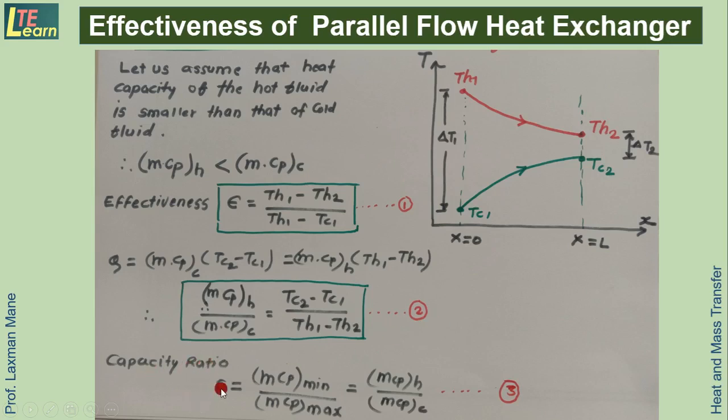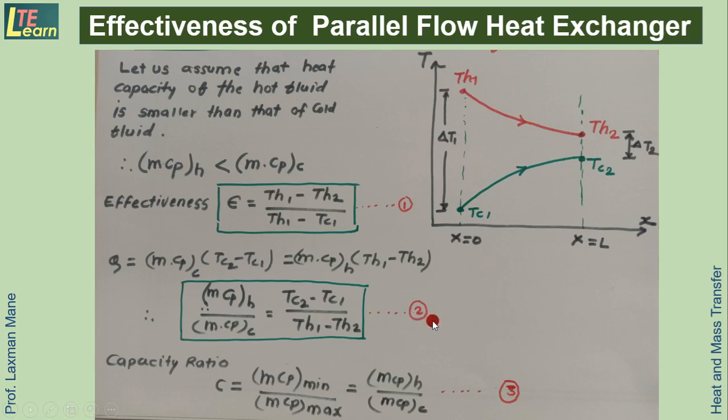Now the capacity ratio formula is general. We can have mCp minimum divided by mCp maximum, by the assumption minimum mCp is for hot fluid divided by mCp for cold fluid. Say equation number 3.